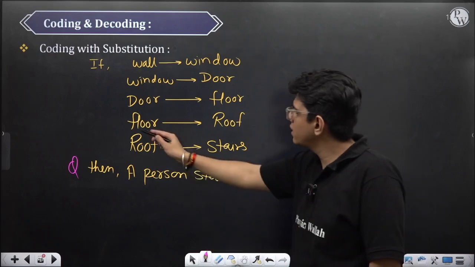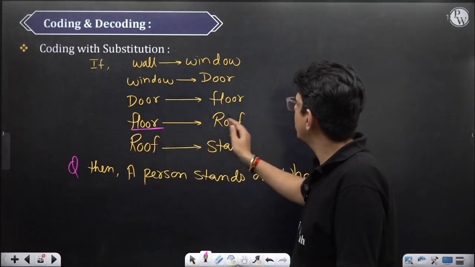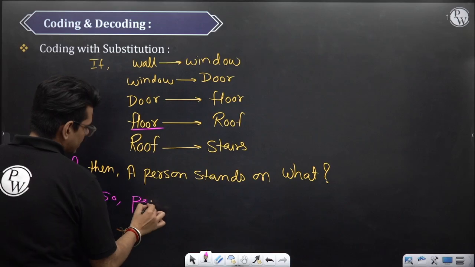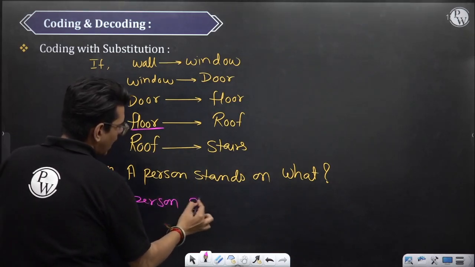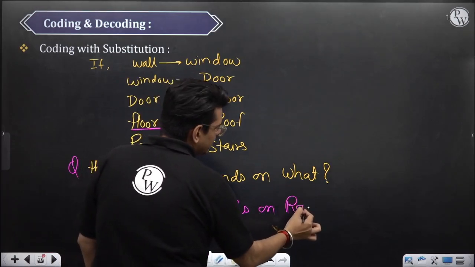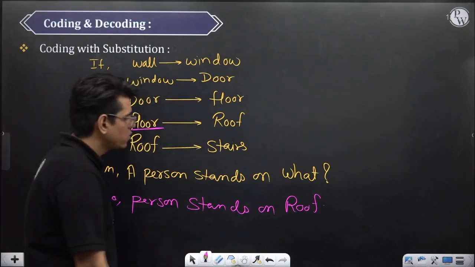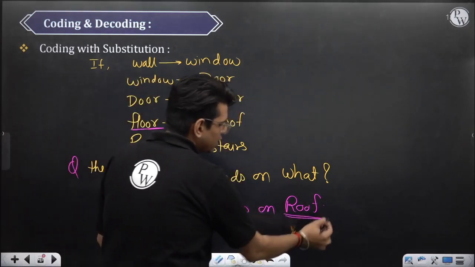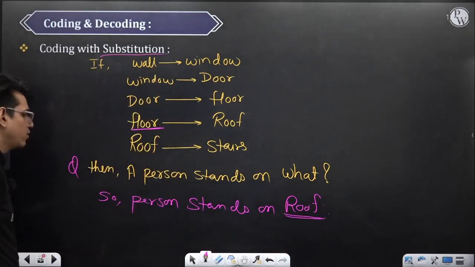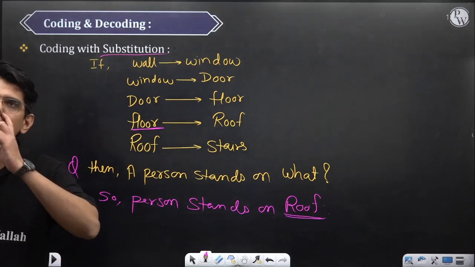Now a person stands on floor, but in the coded language floor is coded as roof. So person stands on roof. This is the answer. So this is the type of substitution coding.